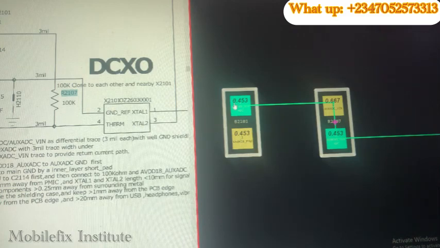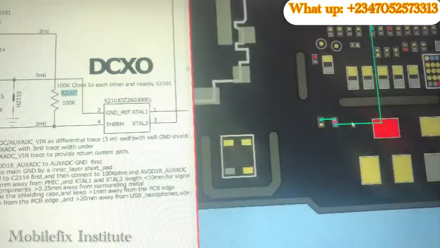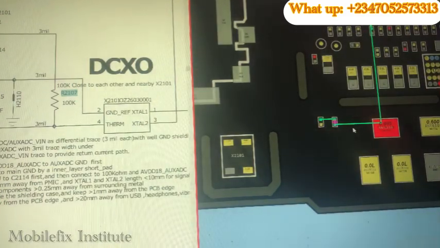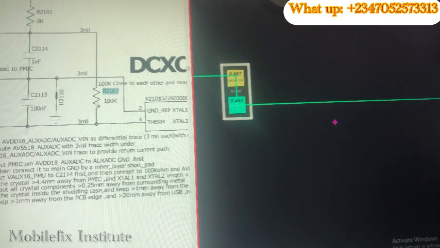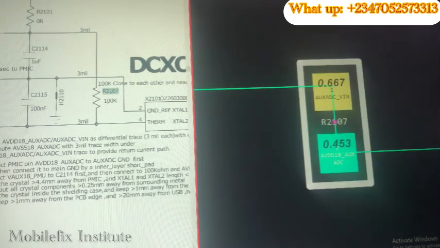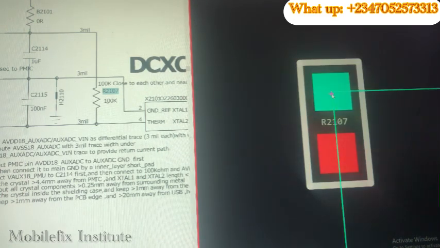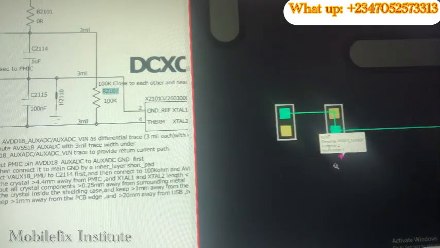So this is our R1, 100k. If the value of this resistor is missing or is faulty, not giving the accurate value, your phone will have issues. All those errors that I listed, you will encounter if this 100k is missing or is not giving you the accurate value of 100k.